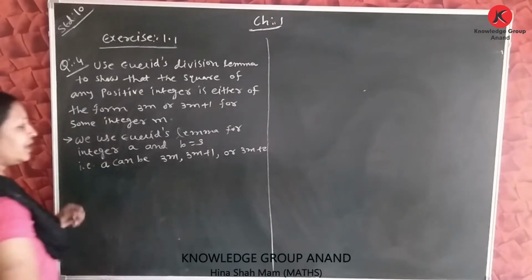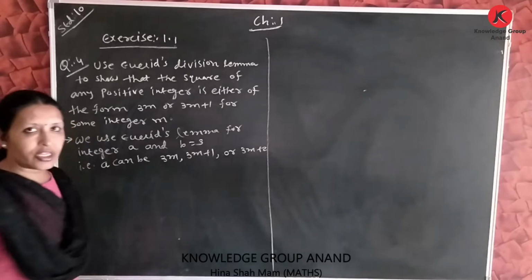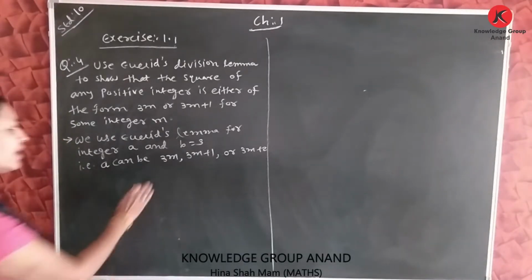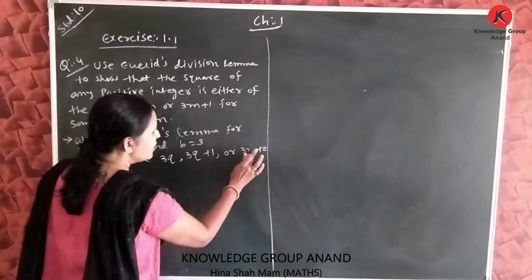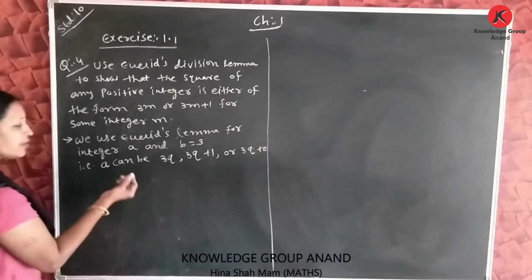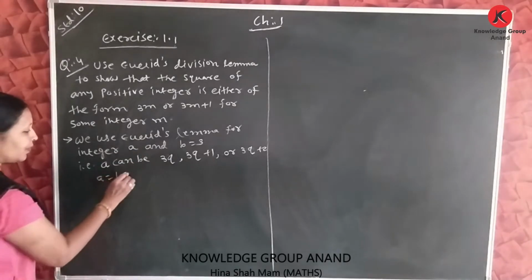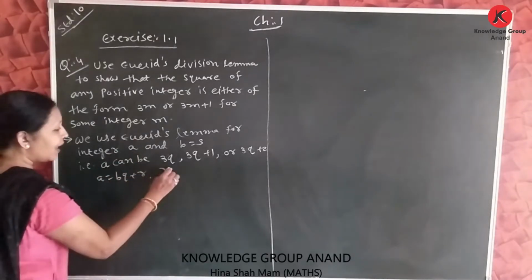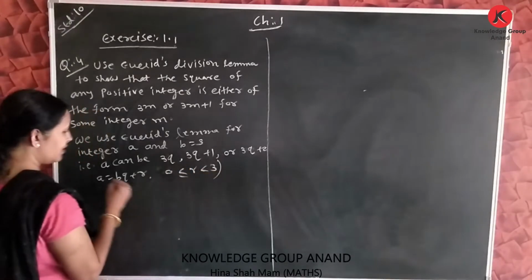Here we write a is equal to 3q, 3q plus 1, 3q plus 2. Using Euclid's lemma, a is equal to bq plus r, where 0 is less than or equal to r is less than 3.